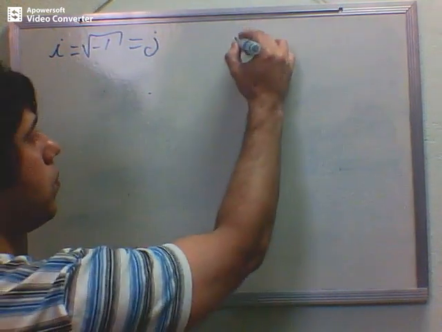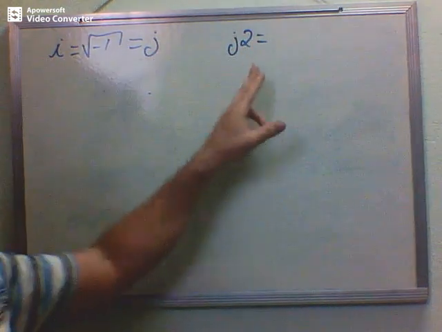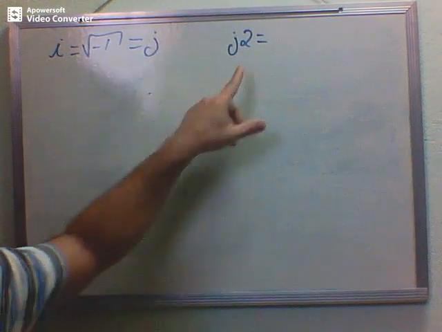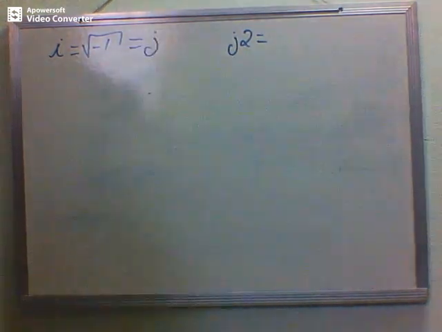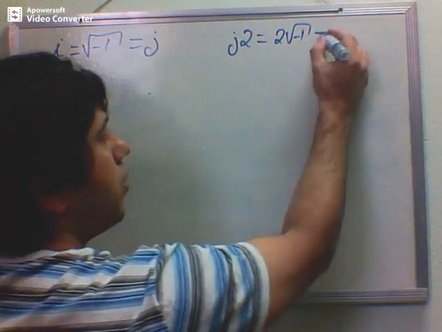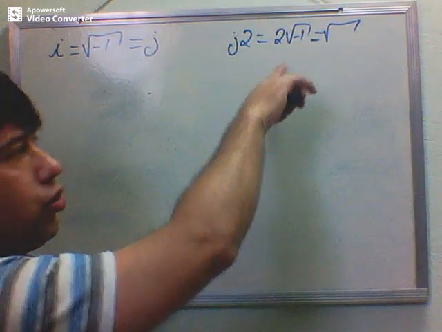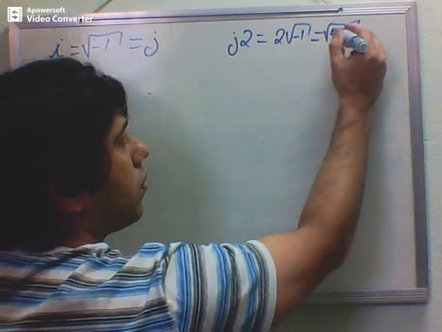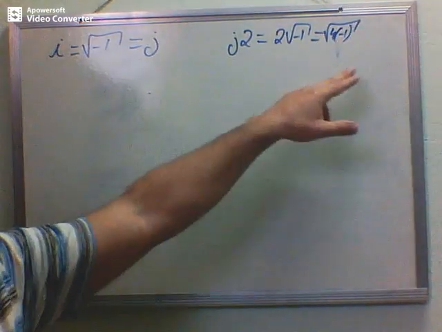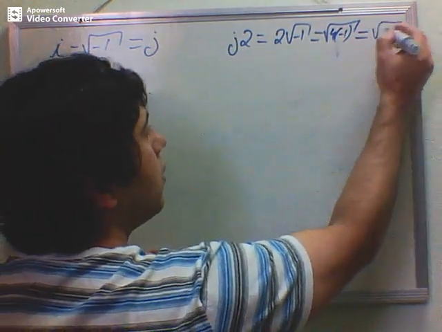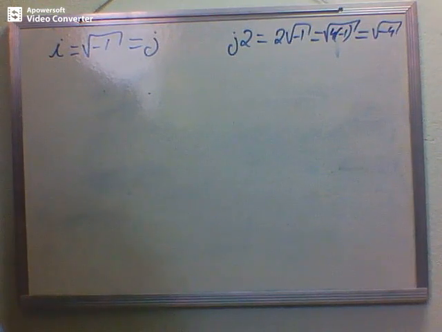In this representation we put the square root of -1 first, and then we multiply it by any kind of number. j times 2, or j2, is 2 times the square root of -1, which is, I'm going to put 2 inside of the root, the square root of 4 times -1, and here it's going to be the square root of -4.